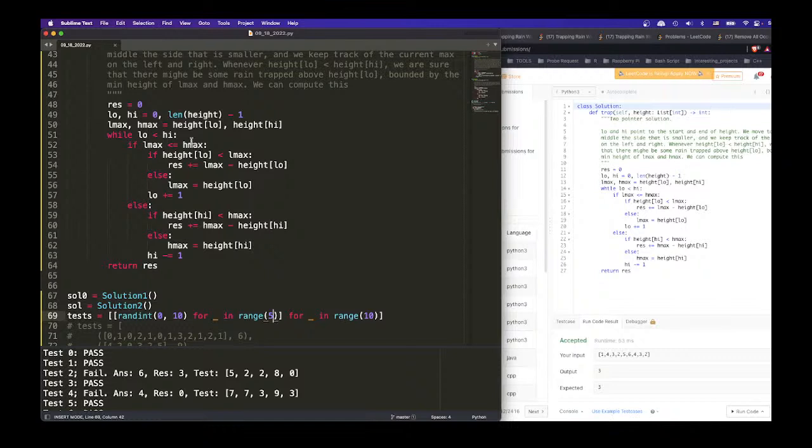Let me think. What if we don't move low after we hit the maximum?